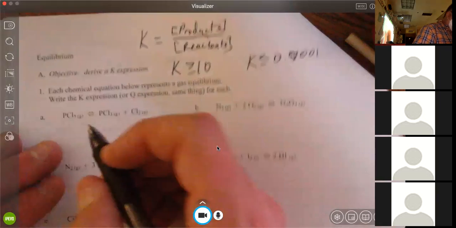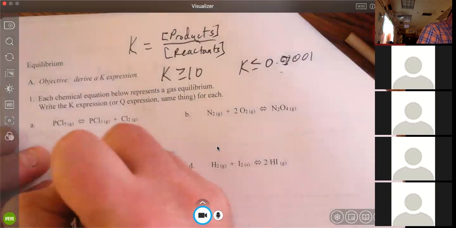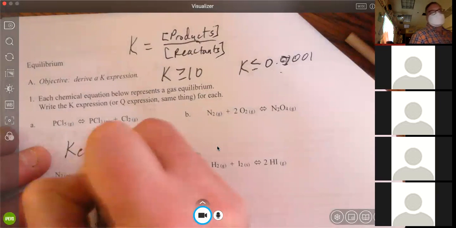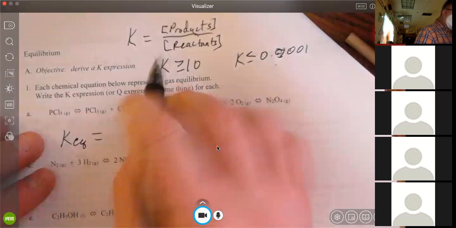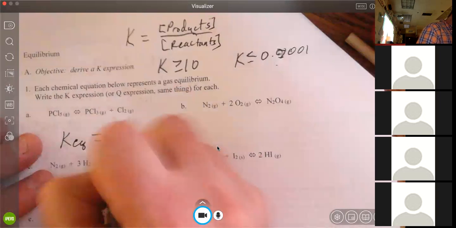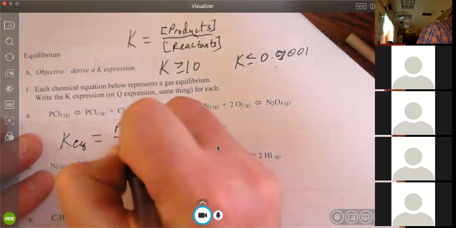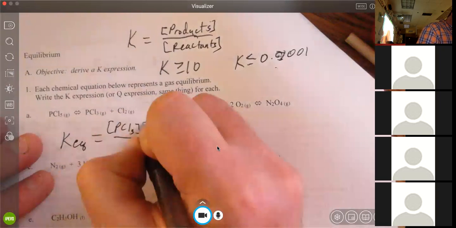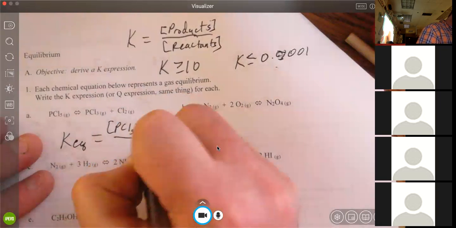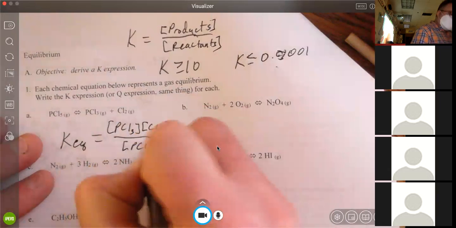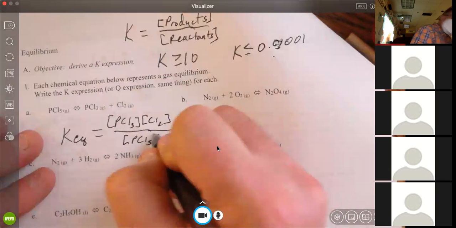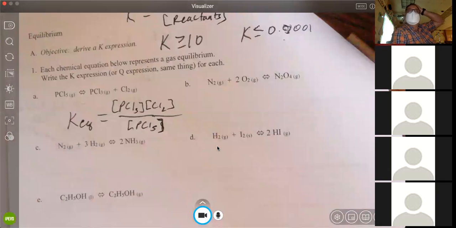So if we take a look here, K sub EQ, which is the equilibrium constant, we also can just abbreviate that as K, is equal to the products PCl3, Cl2 over the reactants, PCl5. Again, brackets showing molarity. Easy enough.